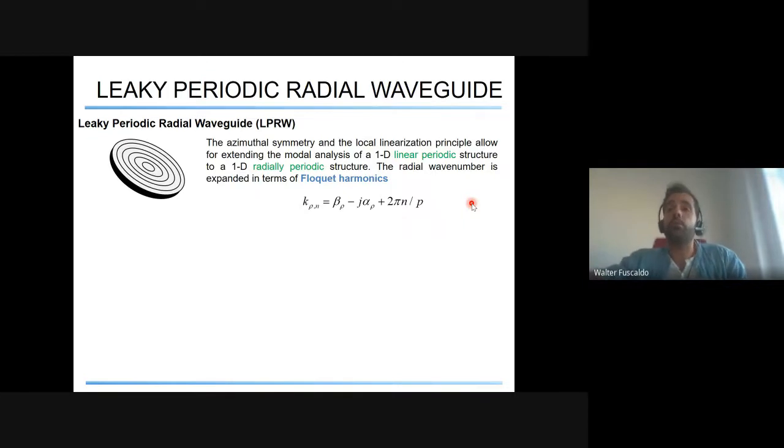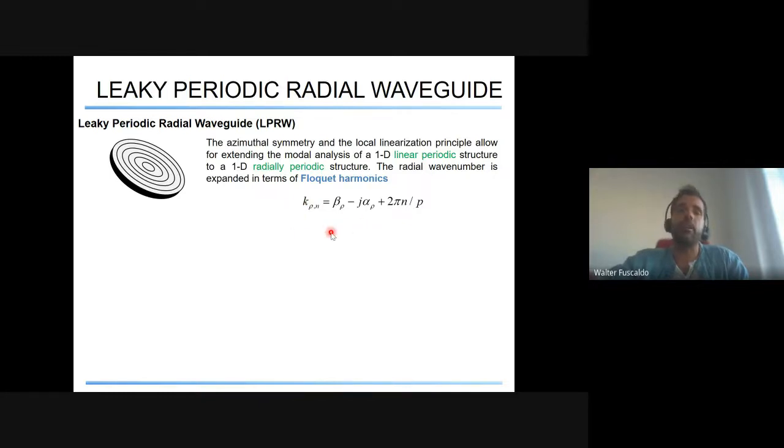This is indeed possible by using, for example, a leaky periodic radial waveguide. Due to the radially periodic nature of the structure, the leaky mode that is propagating in the structure can be described in terms of the usual Floquet-Bloch theory, and so the radial wave number that propagates in the structure can be obtained by this Floquet-Bloch expansion.